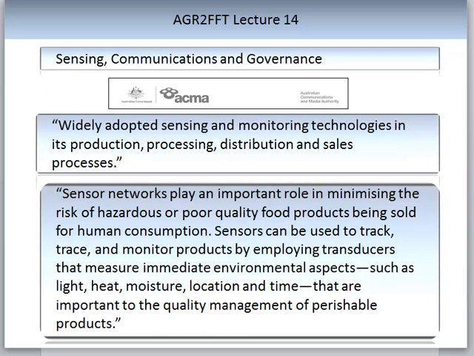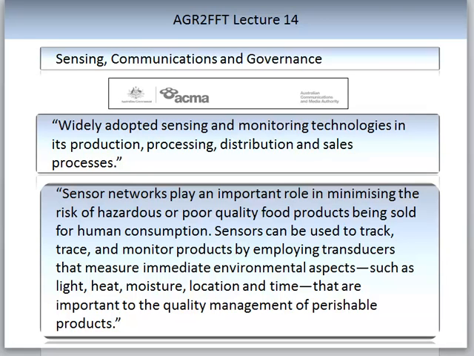Now I want to touch on sensing, communications and its governance. ACMA is responsible for the governance of communication in sensing. It is a widely adopted sensing and monitoring technology in food production, processing, distribution and sales processes.